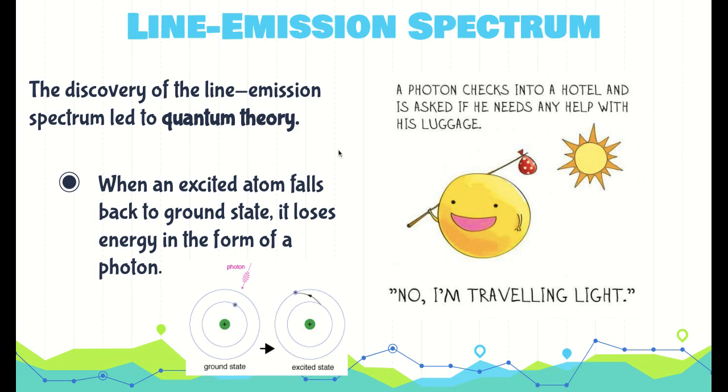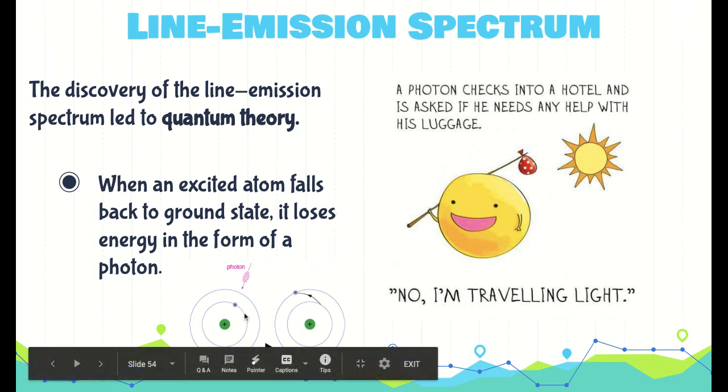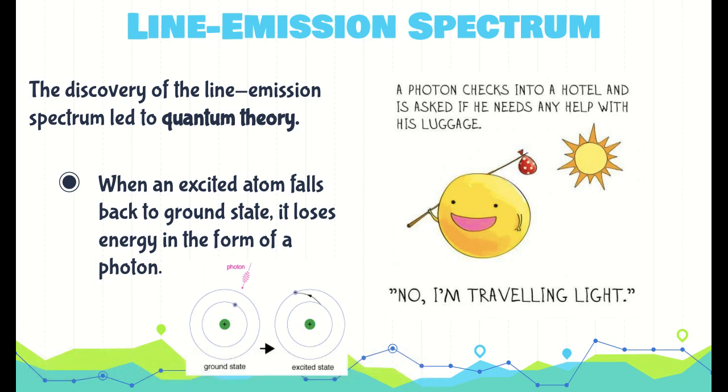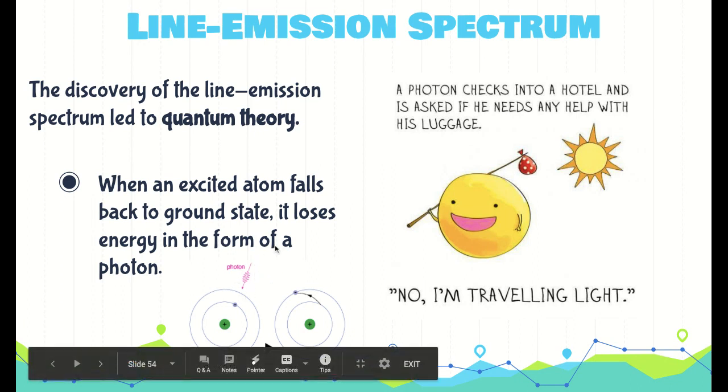So when an excited atom falls back down to its ground state, it's going to lose energy in the form of a photon. So we know that energy is not created or destroyed. So this energy came from somewhere, and in this case, it was a photon of light. It could be energy from heat or even electricity.